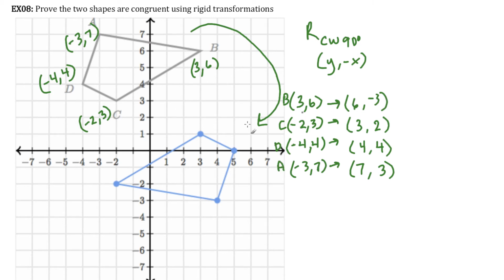So 6, negative 3. 1, 2, 3. And then 3, 2. 4, 4. Something seems off. 2, 3. 3, 2.